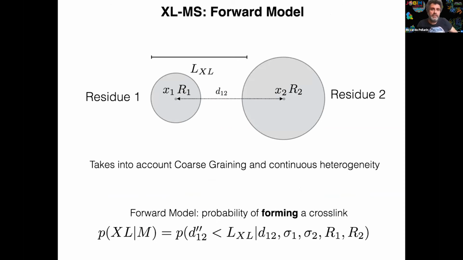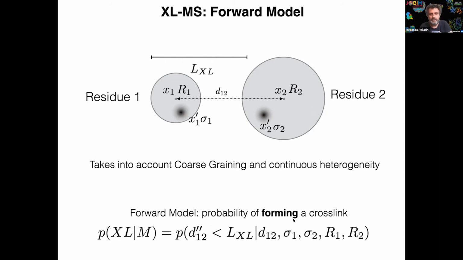This brings us to the idea of the forward model for the crosslinks. Here you have two residues. This forward model takes into account the fact that you might have coarse-grained beads and not individual residues defined by atoms, and the fact that you have this continuous heterogeneity problem. We solve this by using 3D Gaussians with an unknown variance, which has to be determined during the Bayesian process, optimized together with the modeling.